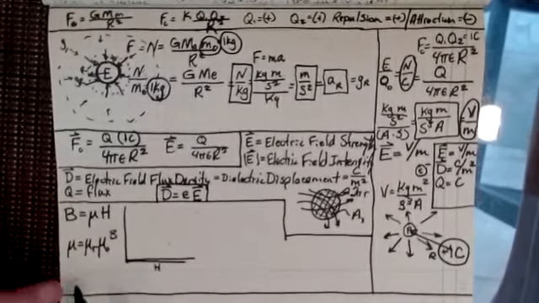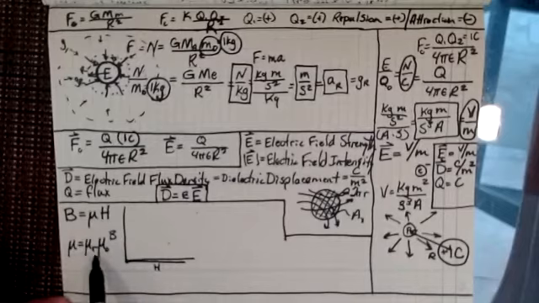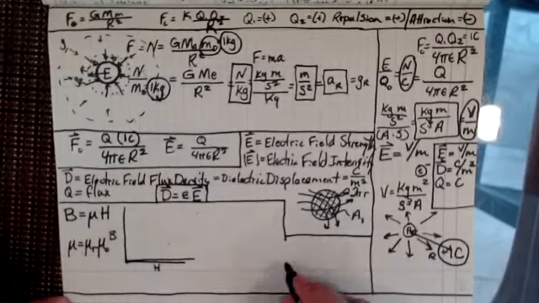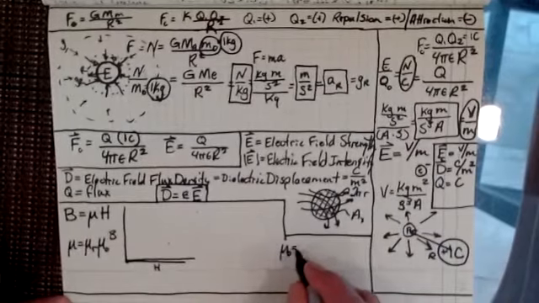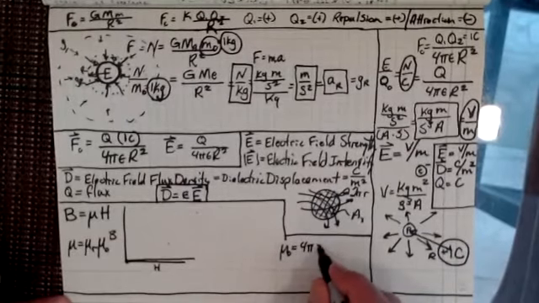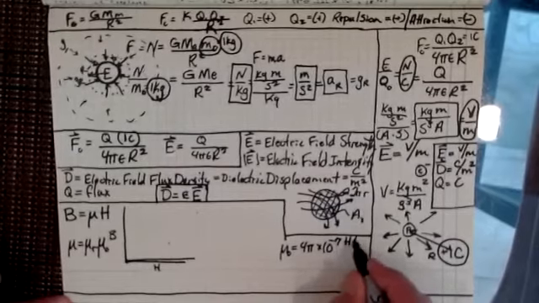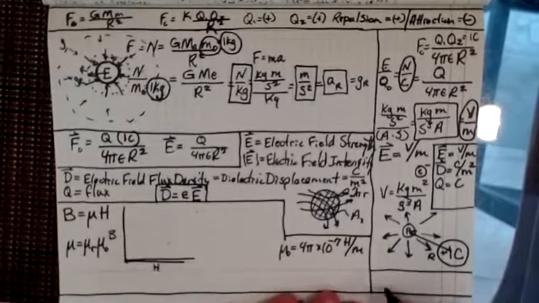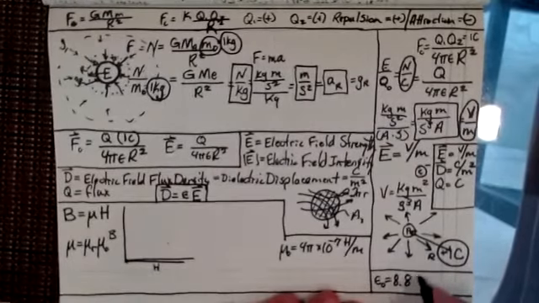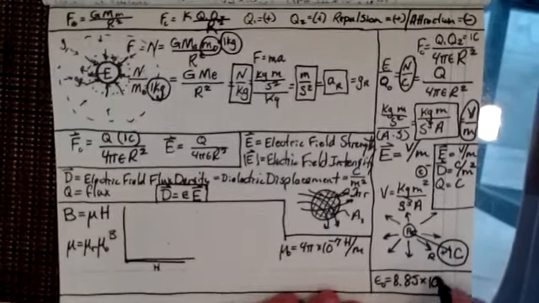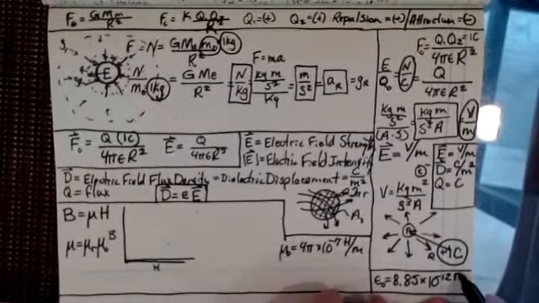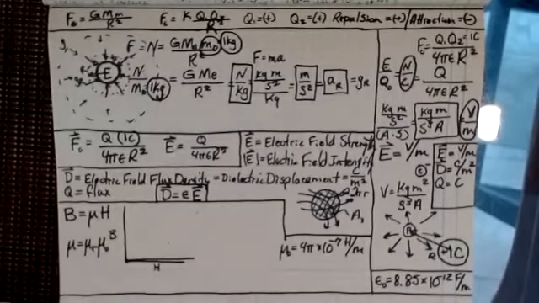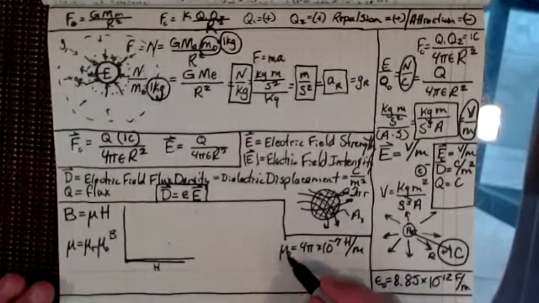And we know that our absolute permeability is 4 pi times 10 to the minus 7 henries per meter, right? Over here, I'll stick this down again: epsilon sub 0 equals 8.85 times 10 to the minus 12 farads per meter, right?